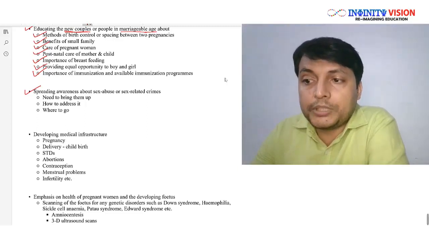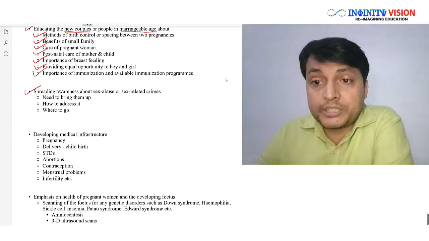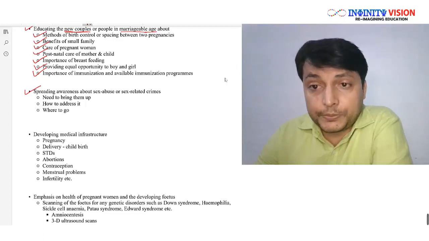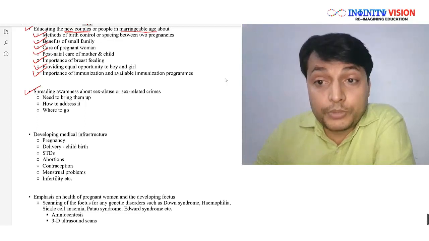Because they know that ultimately it will be a stigma to their own character. ठीक है, this society will not do justice to them.